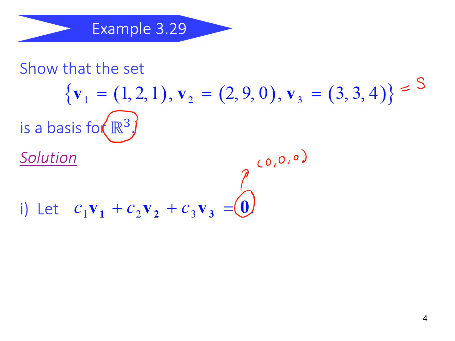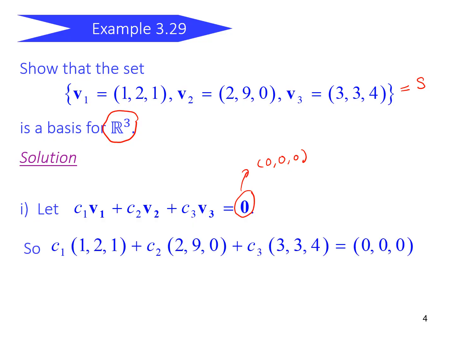The existence of the scalars C1, C2, and C3 is guaranteed, but we need to show that the only possible values of C1, C2, and C3 are all zeros, and there is no other solution.